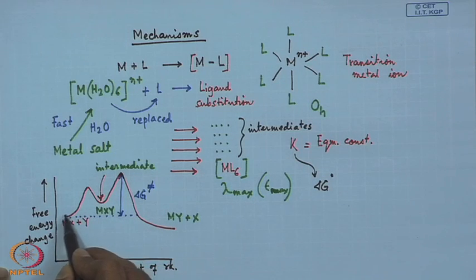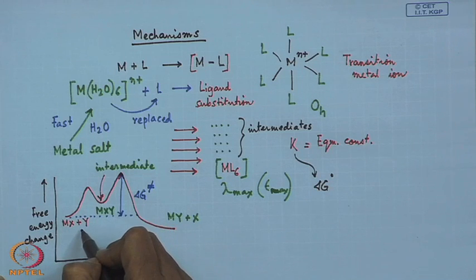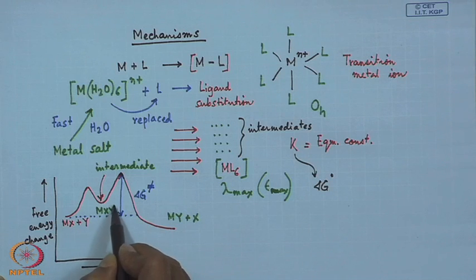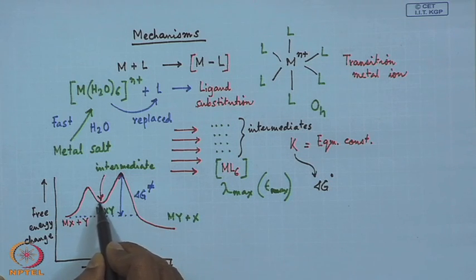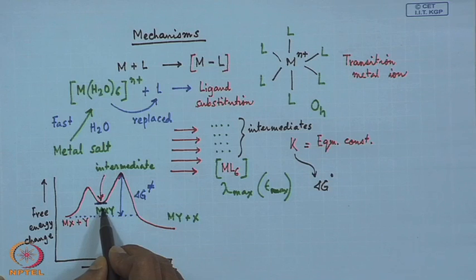but how we get this free energy of activation is basically the activation barrier. So, for this reaction, whether it is the replacement of the water molecule by L or replacement of X by Y, we see that it crosses one small hump and approaches some intermediate. When this intermediate is formed, it has sufficient stability and it can be detected at this point. If a suitable technique is available, we can detect the presence of MXY through some kinetic experiment.